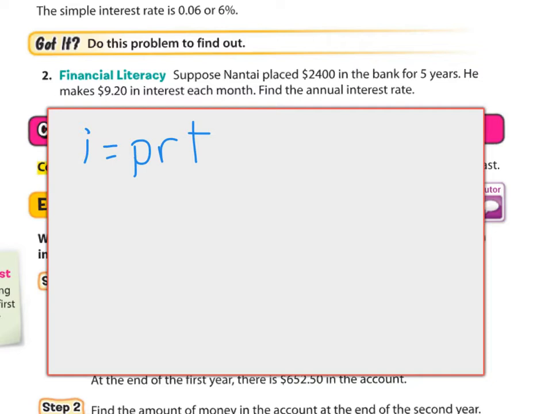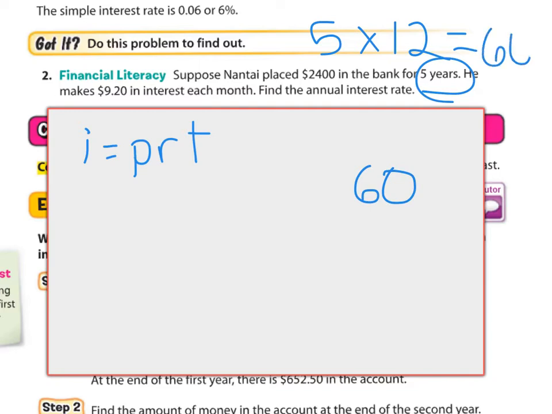Okay, let's see what information we are being given. So we have $2,400 in the bank for 5 years. In those 5 years, he makes $9.20 in interest each month. So we have to convert these years to months, and that's 60, right? Because each year has 12 months, so 5 times 12 equals 60 months. And in each one of those months, he's making $9.20.